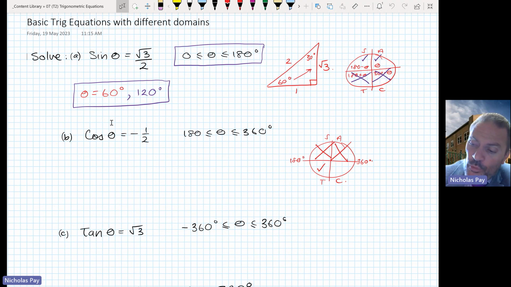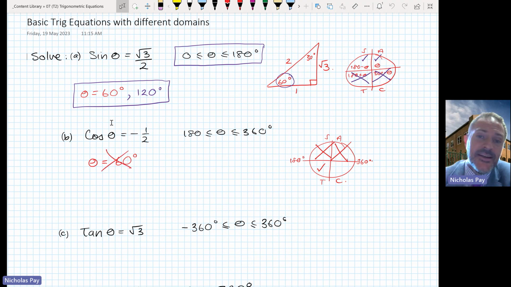Now, let's have a look at what my link angle is. It's 1 over 2 for cos. So if you look at that initial triangle above, I'll do it in blue this time, 1 over 2 for cos would be 60 degrees, because 1 over 2 is adjacent over hypotenuse, which means my link angle is 60 degrees. But again, the problem is that it is a negative value, so it can't be in that first quadrant.